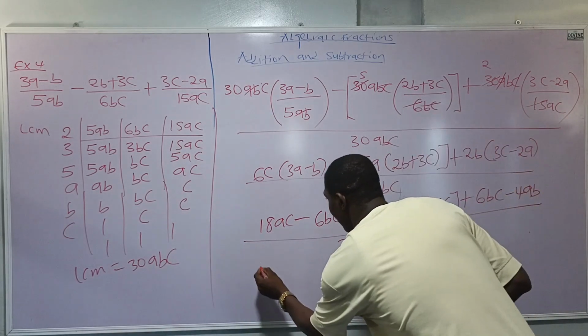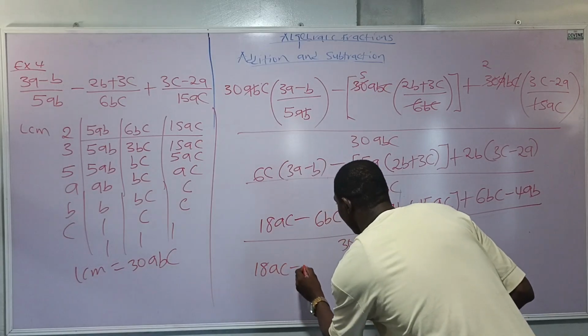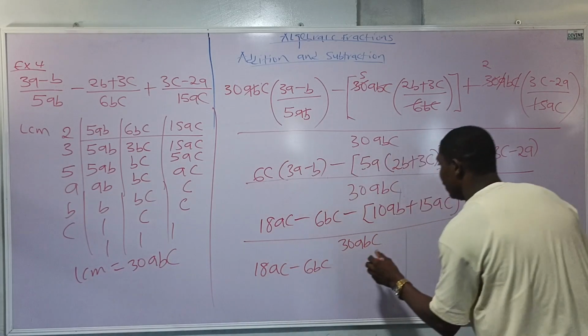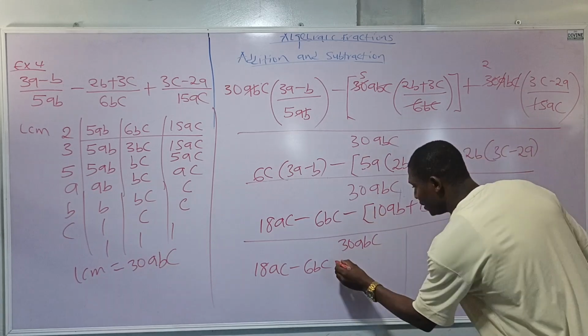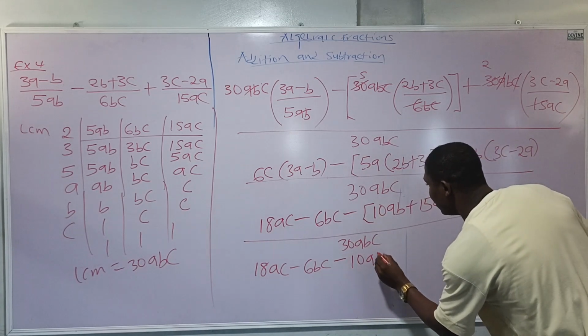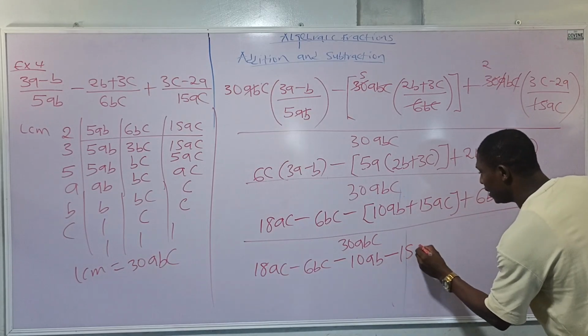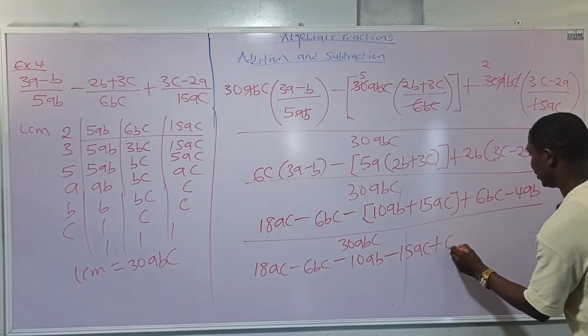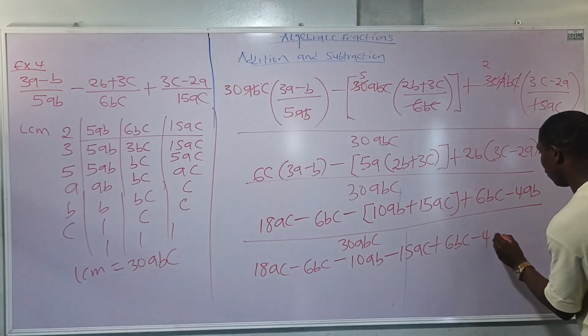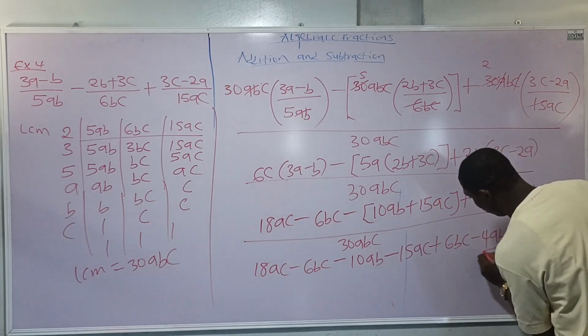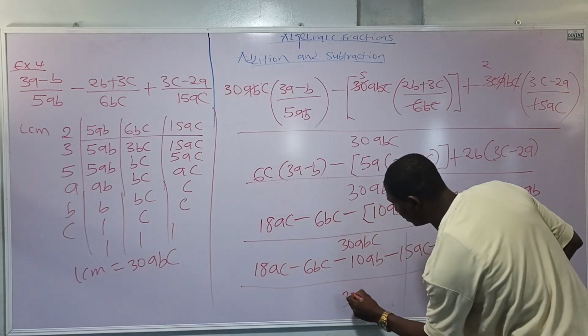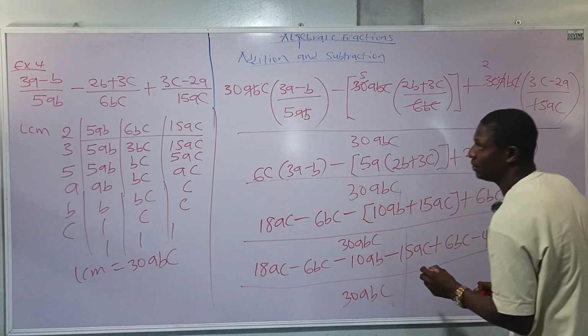Now, I will have 18ac minus 6bc. Negative times invisible positive is negative. I'll have my 10ab. Minus plus is what? Minus, I'll have my 15ac plus 6bc minus 4ab, all divided by our 30abc.